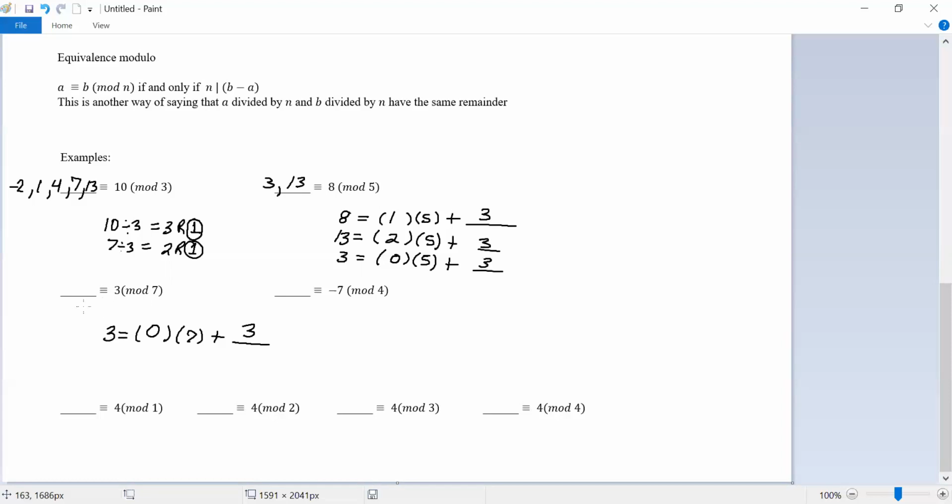I'm going to get 10 here, right? So 10 equals 1 times 7 plus 3.